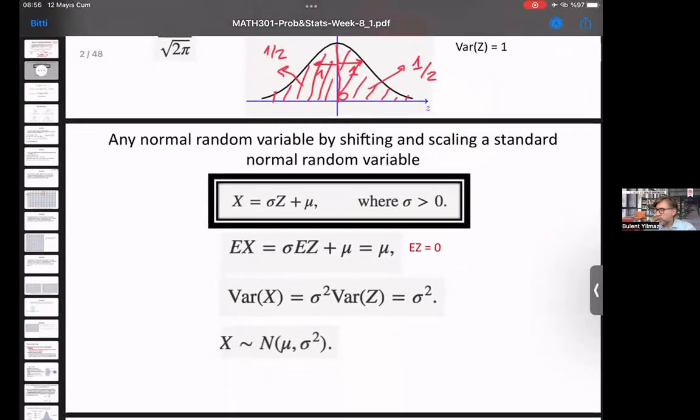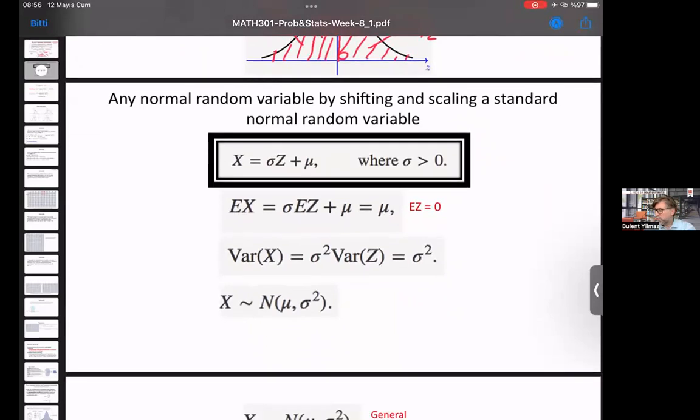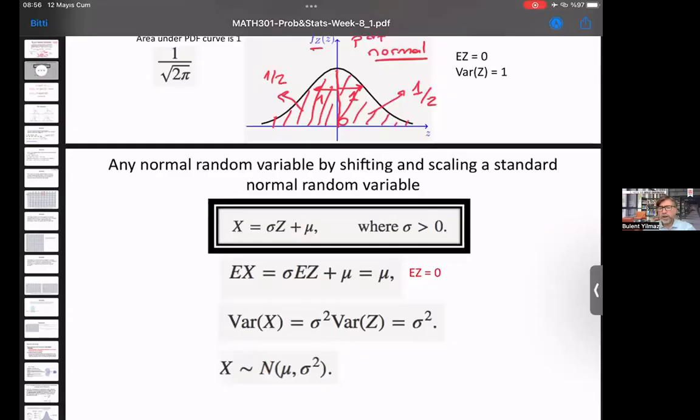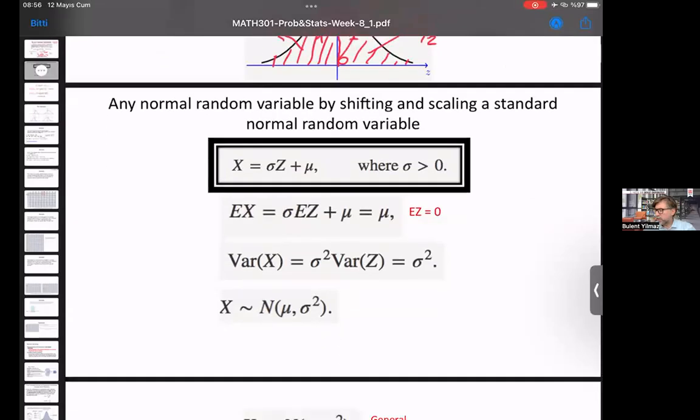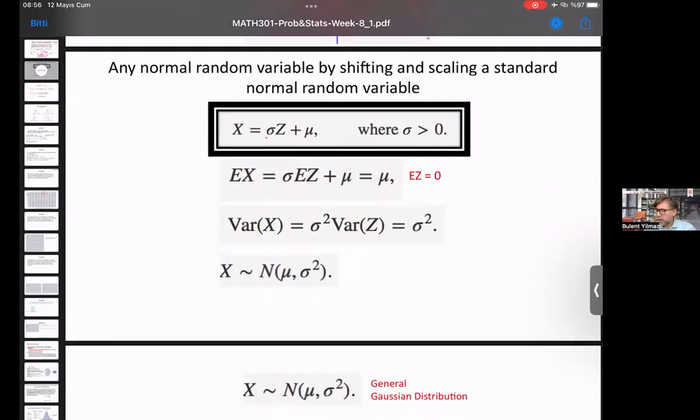And then if you want to change from 0 mean and 1 variance or 1 standard deviation, you can do that if you multiply your random variable z by sigma. Sigma is something that you want to adjust your standard deviation for.